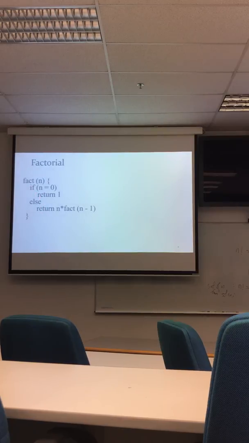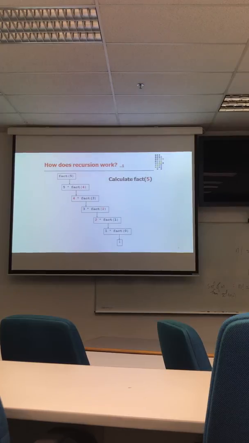Okay? So the first time you will initiate another execution of this algorithm, right? If we call factorial 5, you will come here to execute this part. When you execute this statement, you will return 5 times factorial 5 minus 1, right? That means you will generate a recursive call, factorial 5 minus 1, that means factorial 4.